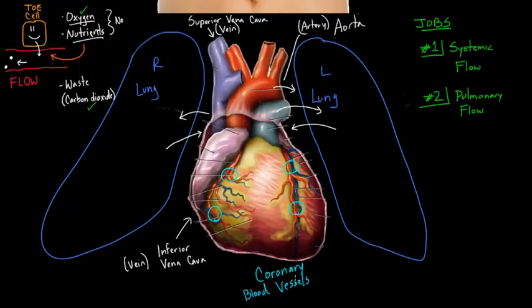They're literally the blood vessels that go to and serve the heart. Now, if they're serving the heart muscles and the heart cells, then think about it. Would they fit under the systemic flow or pulmonary flow? Well, if the main job is to serve the needs of cells, then the coronary vessels fall under the systemic flow.